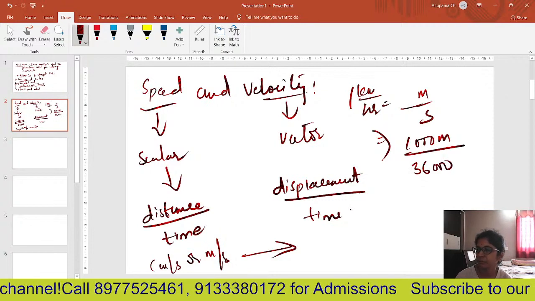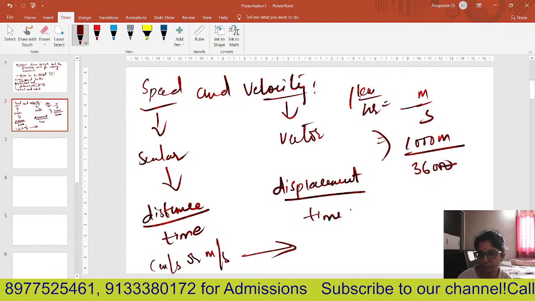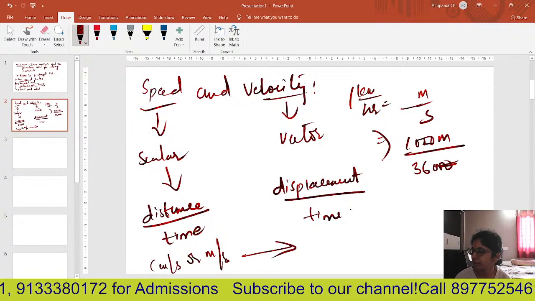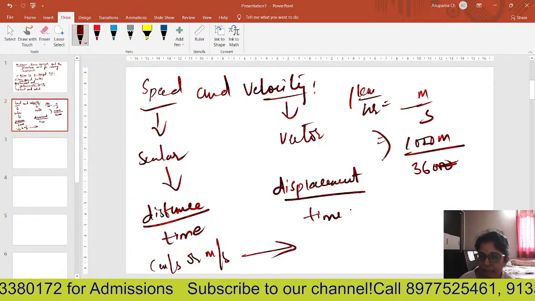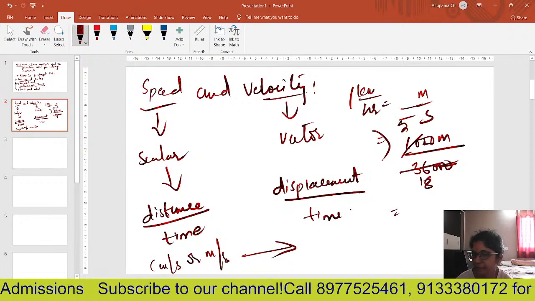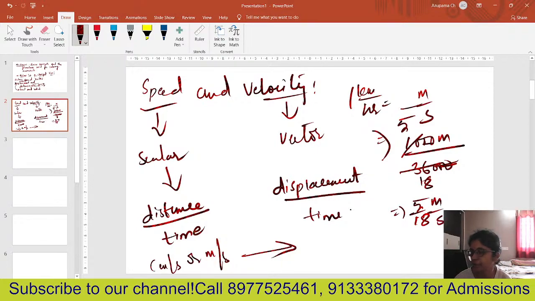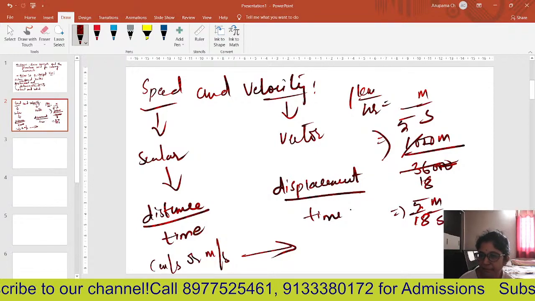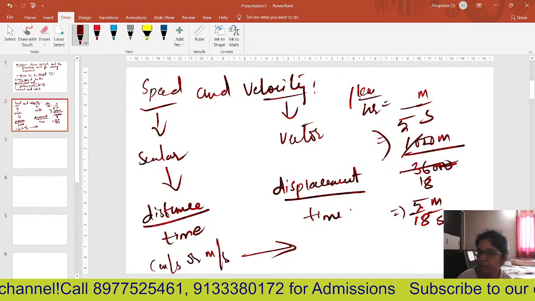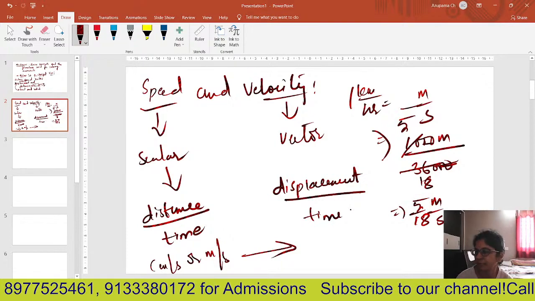So this will be 1000 by 3600, cancel the two zeros, two zeros. 2 fives are 10, 2 eighteens are 36. So it will be 5 by 18 meter per second. 1 kilometer per hour is equal to 5 by 18 meter per second. So this is about the conversion of kilometer per hour into meter per second.